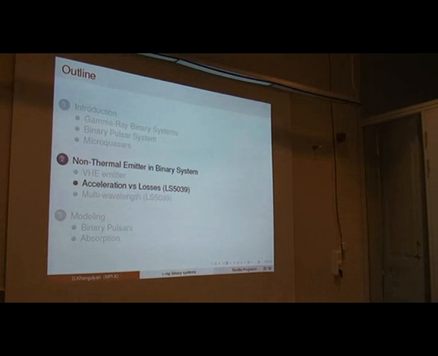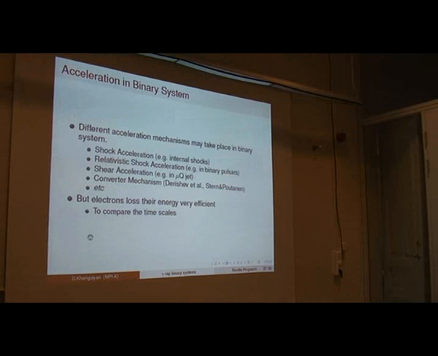So, since we defined the TeV emitter nature, we may discuss these emitter properties in terms of acceleration and losses. And in principle, there could be many acceleration mechanisms which can act in binary systems, but it's rather complicated to choose one of them. But we may try to make something very general to compare the acceleration with losses.